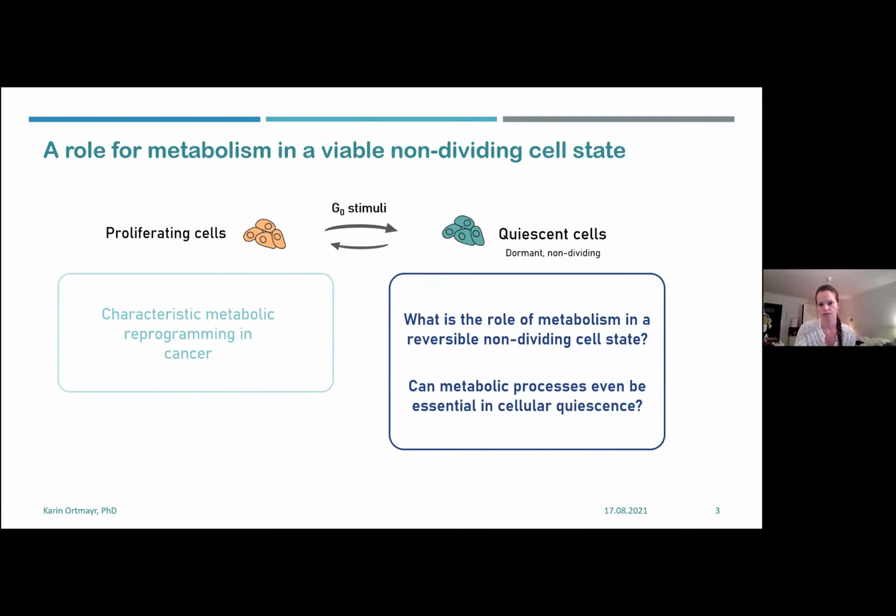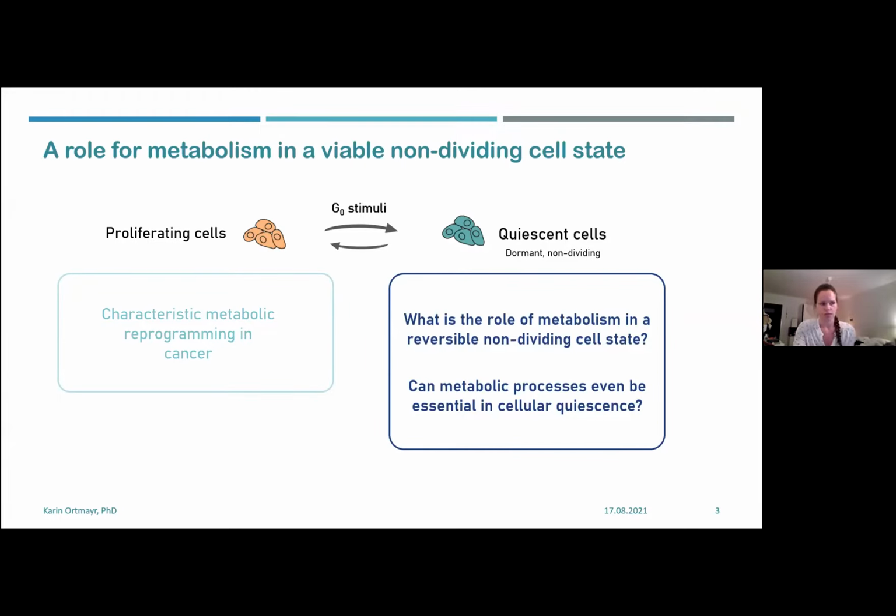In contrast, for other cancer cell subpopulations, such as non-dividing cancer cells, relatively little is known in general, and in particular about the role of metabolism in allowing these cells to undergo cell cycle arrest, maintain homeostasis, and yet be able to return to proliferation at a later point.